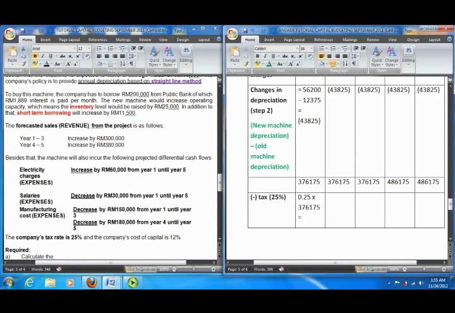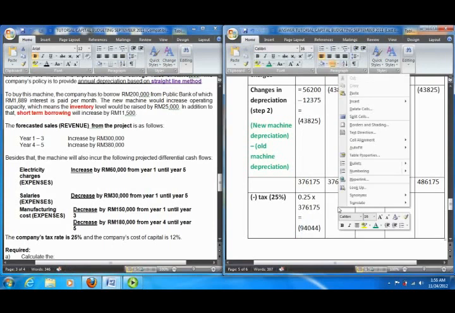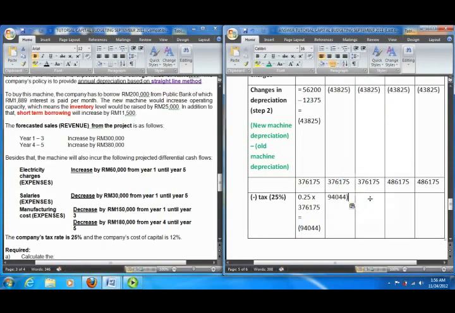You will get 94,044. It's the same for year 1, year 2, and year 3, because you use the same rate, 0.25 times 376,175, and you will get the same answer.